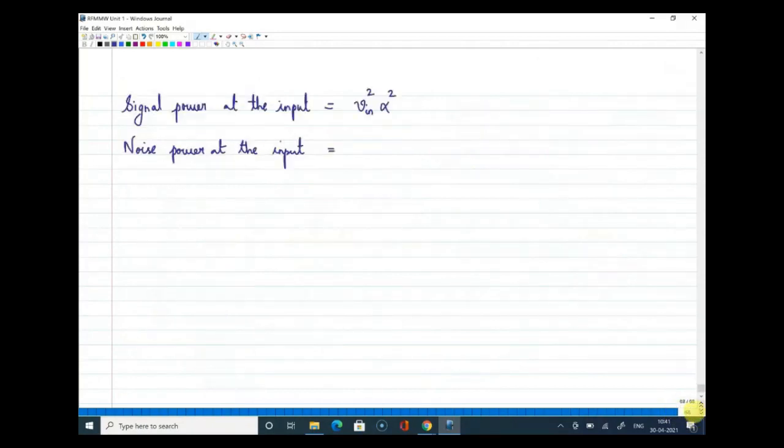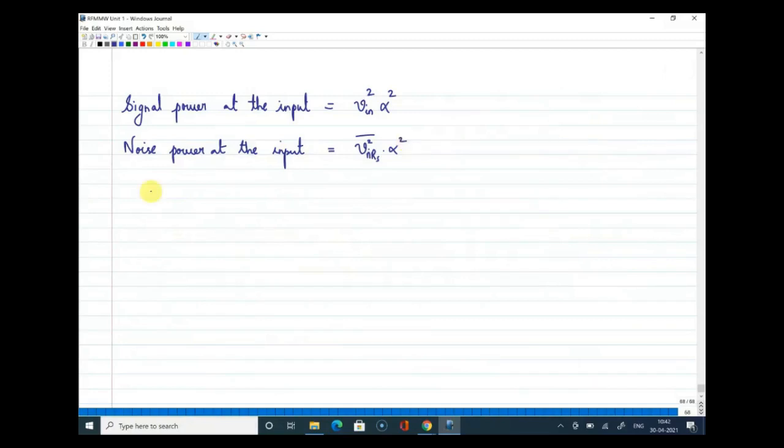So I will write the noise at the input as the noise voltage of Rs square multiplied by alpha square again, because that noise is also getting attenuated through the resistive network over there. So these are the components at the input side.